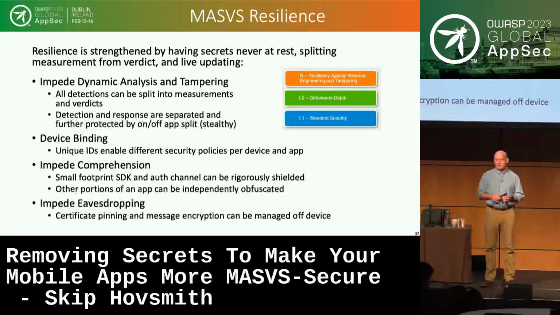My contention is that resilience is strongly strengthened by having secrets never be allowed to rest inside the application, splitting the measurement from the verdict, from the attestation decision, and adding live updating. That gives you a whole bunch of benefits versus the traditional approach of stuffing everything into the application.